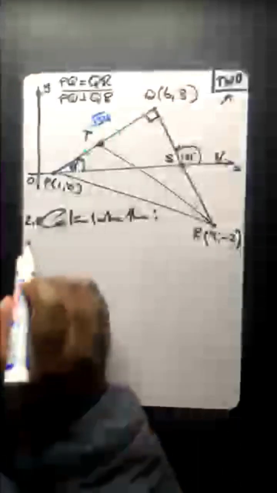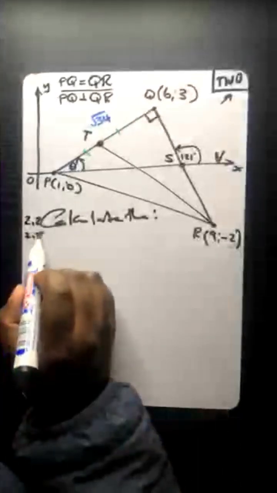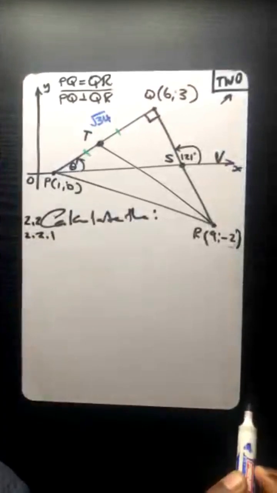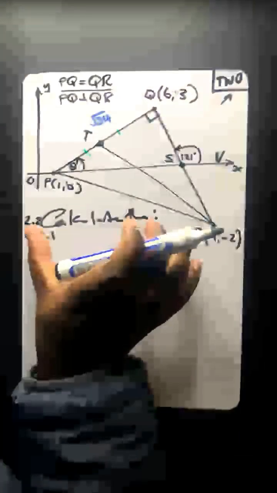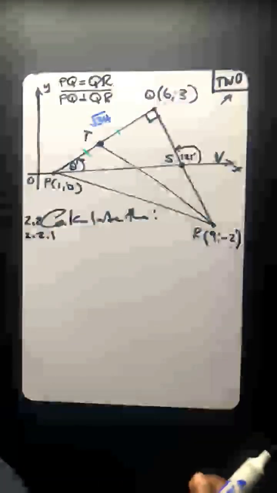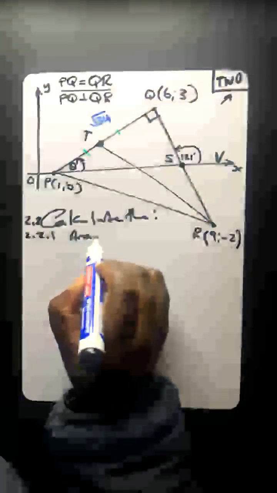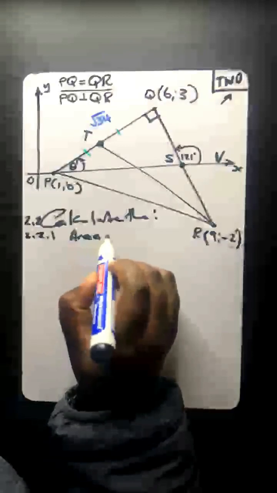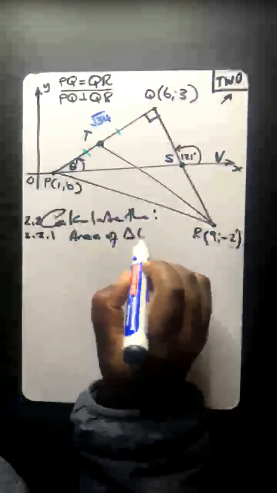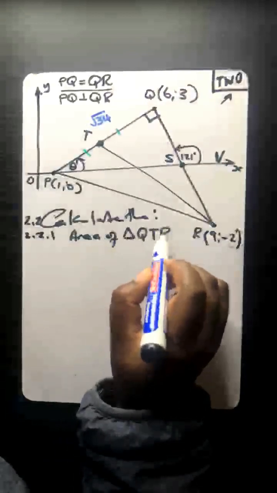So let's see. Here under 2.2, they say calculate. Very, very much important, ladies and gentlemen, that at all times you follow the numbering system used in the question paper. Let's see. Can you see? Under 2.2, they say calculate the area of triangle QTR.